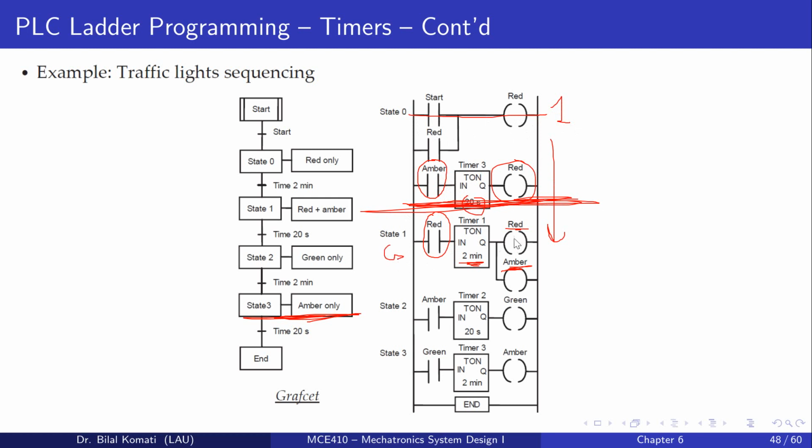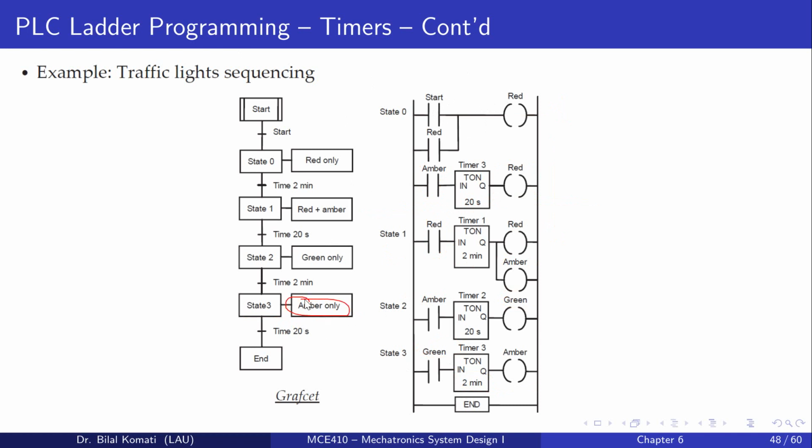With state 1 we turn on red and amber, and after this is executed we go here to the amber, which is now actuated. After 20 seconds we turn on the green, and once the green is on it stays on for 2 minutes, and then we energize amber, and the cycle will start again.